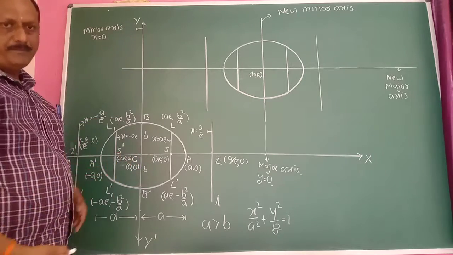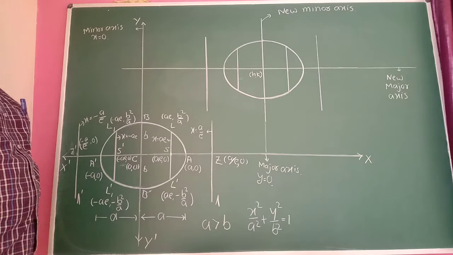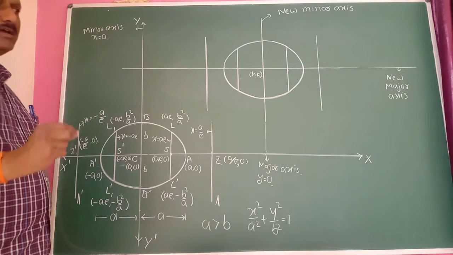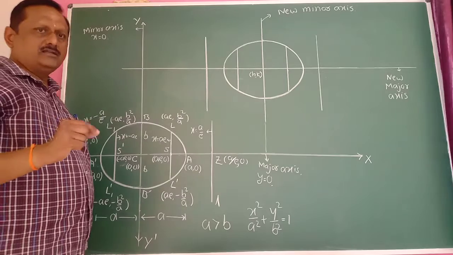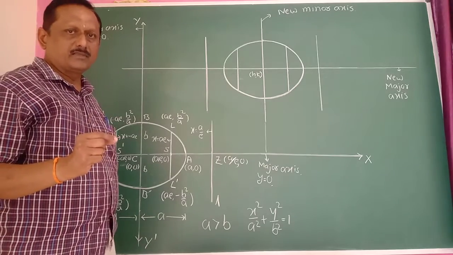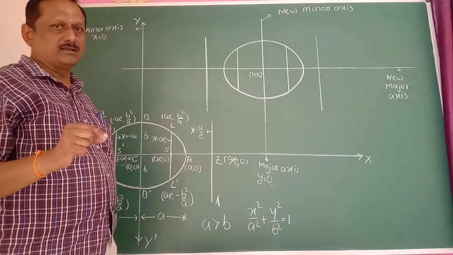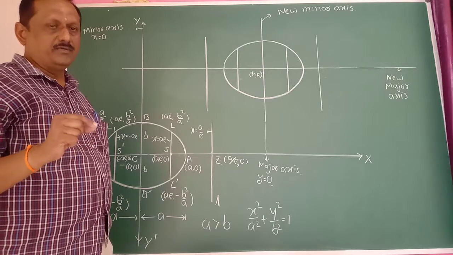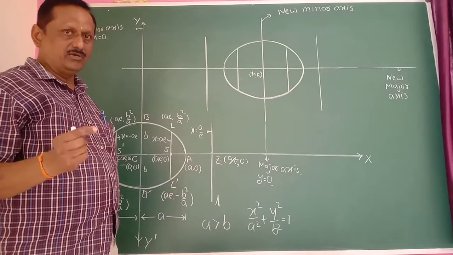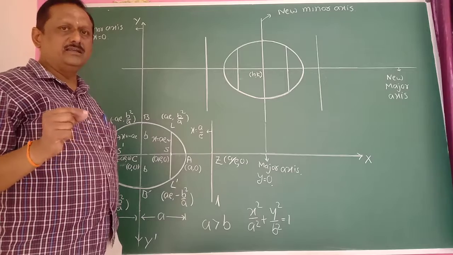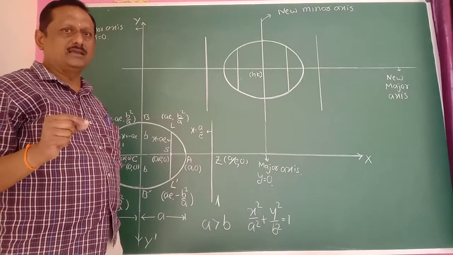Therefore, just like a parabola, you just add h to the x coordinate and k to the y coordinate. Where there is x, you add h; where there is y, you add k.